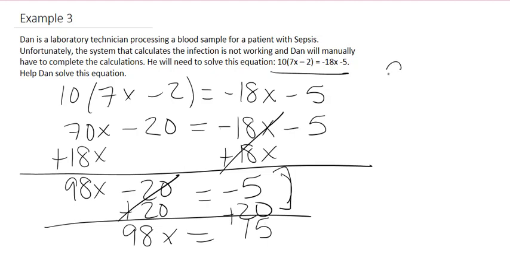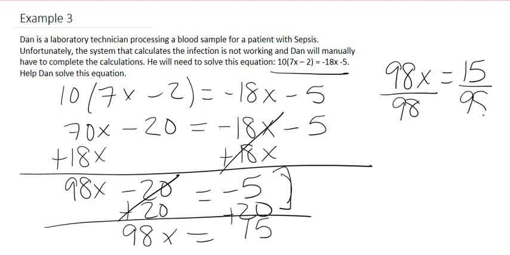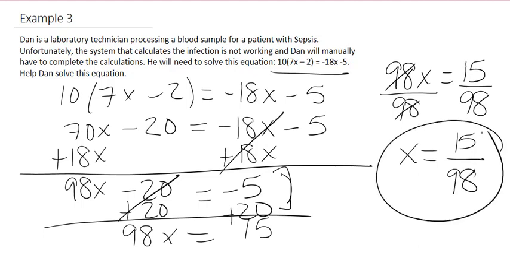So let's go ahead and actually just write this over here. And so let's get x by itself. We're going to divide by 98 on both sides. And so we're going to get x is equal to 15 over 98. And this is our final answer for this problem. So let's look at one more.